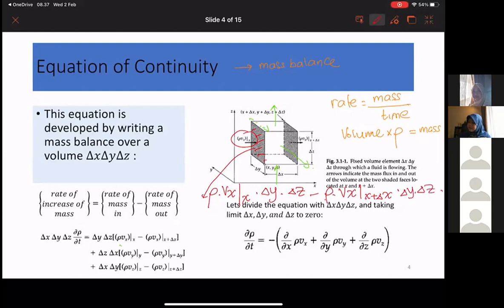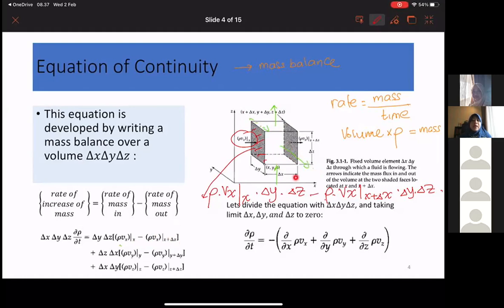Okay, so we can group them together into this part: delta y delta z of the rho vx at x minus rho vx at x plus delta x. After that you can consider the y direction, which goes from here into that one.